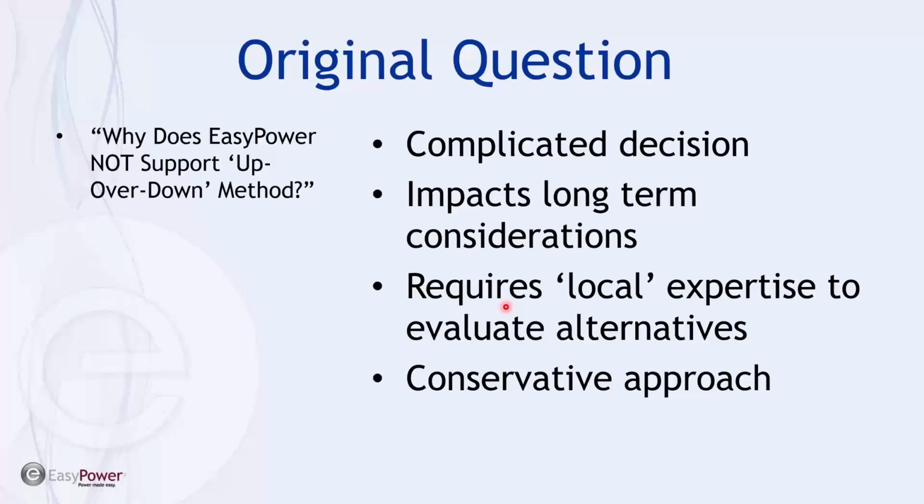So it impacts long-term considerations. For instance, labeling. For instance, maintenance. If a fuse blows, what are the restrictions, or what is the training for an individual that's going to try to keep the system up and running? And is this information on the up-over-down method properly documented such that they can't override or change the fuse indiscriminately?